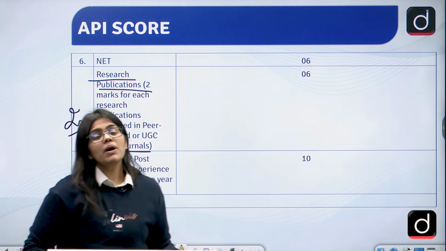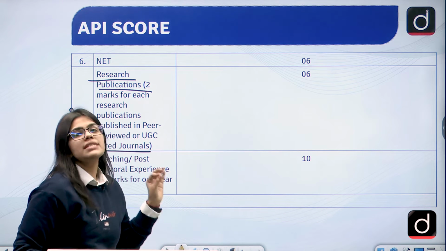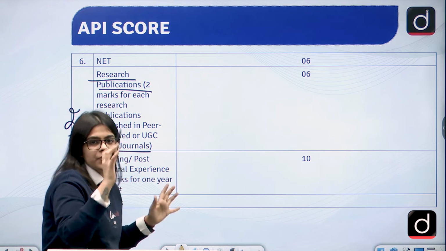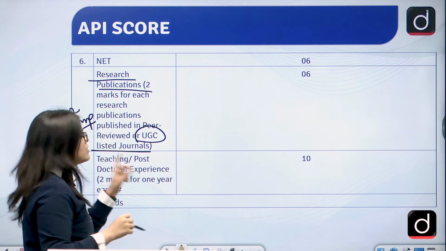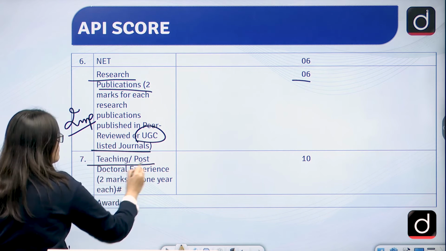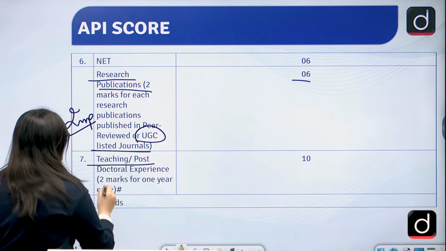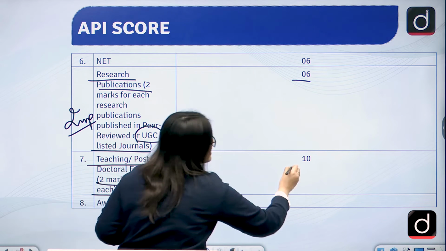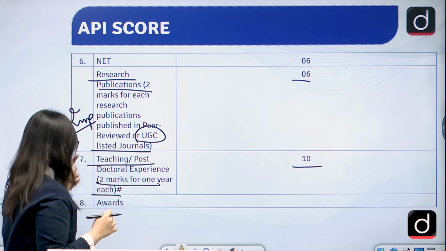So before publishing your papers, always look for the UGC listed journals. If the journal you are targeting lies in the UGC criteria, then 6 points would be awarded to you. If you have a teaching experience or a postdoctoral experience, 2 marks for each year would again be awarded. So maximum up to 10 points you can have in this criteria.